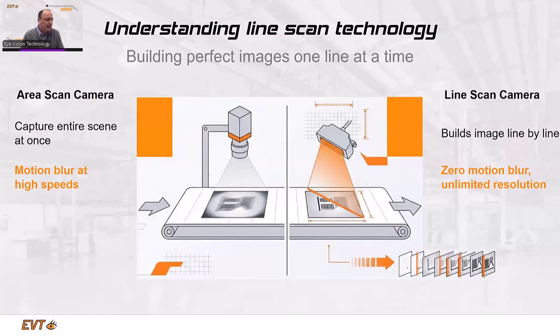Finally, if you use an area scan camera and you don't want a lot of overhead to do the image stitching, an encoder is also necessary. So there's not a real difference between the area scan and line scan camera for endless material.